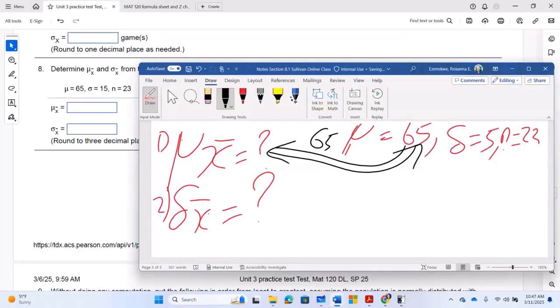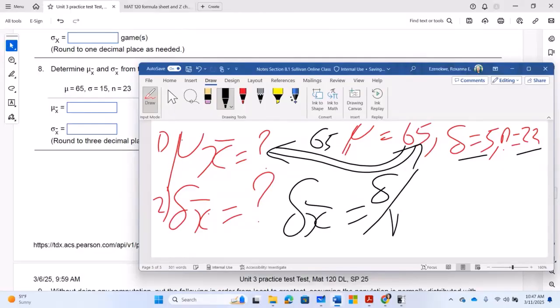And now, they gave me the standard deviation of the original data and the sample size of 23. Therefore, I can now determine the standard error. The standard error is the standard deviation of the original data divided by the square root of the sample size.